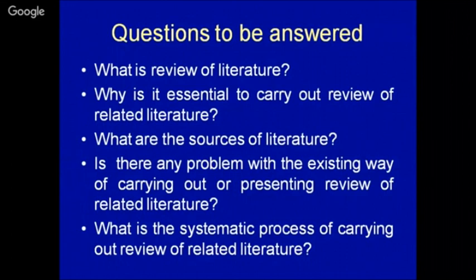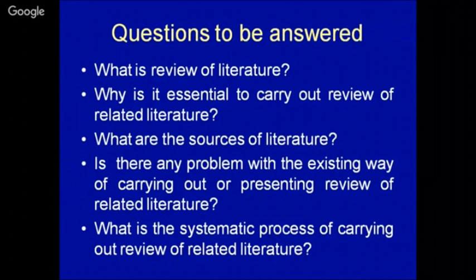Then the third question which we'll try to answer through interaction is, what are the various sources which can be tapped or accessed to find the relevant literature for a given study? And then, is there any problem with the existing method of reviewing the literature? And what should be done? And what is the systematic process of carrying out review of related literature?